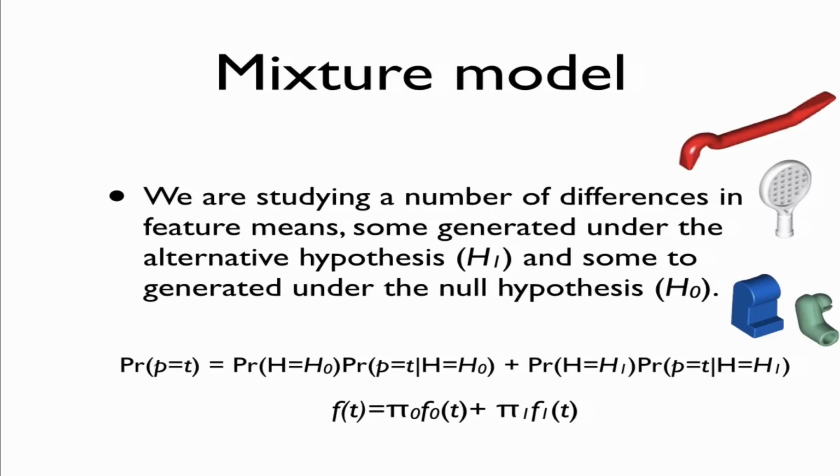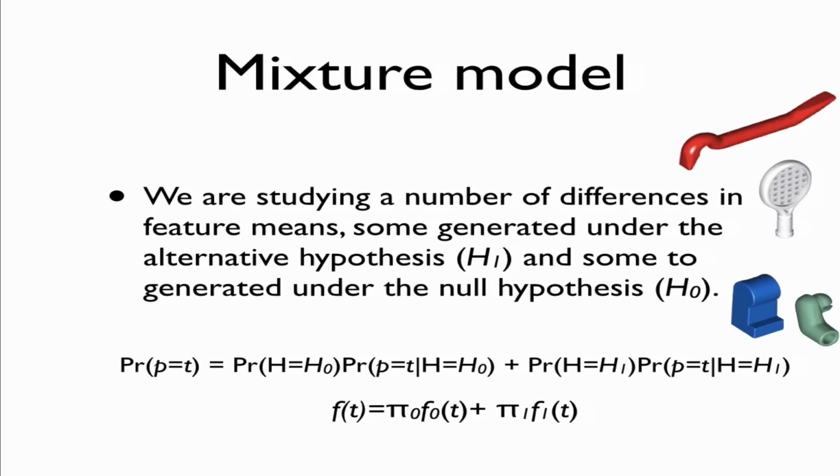Well, one of the keys is to assume a mixture model between the hypotheses that we're using. We recognize that some of the features are generated under the alternative hypothesis and some are generated under the null hypothesis.